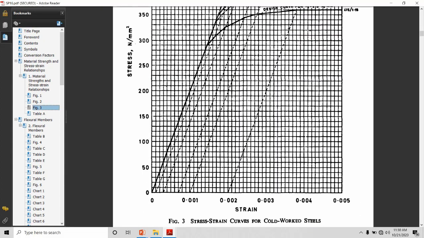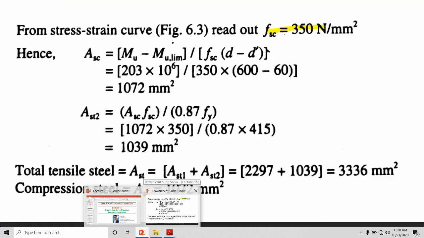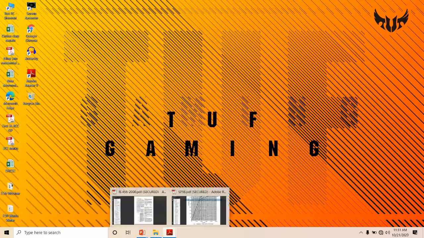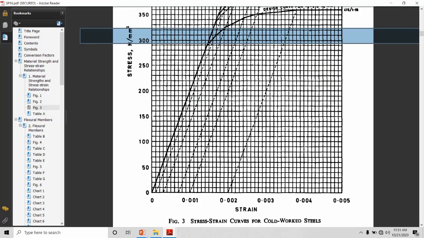Here we have epsilon SC as 0.00277. Here we have 0.2, and 1, 2, 3, 4, 5, 6, 7.